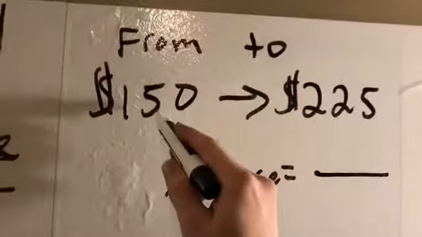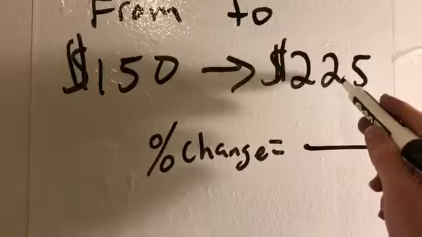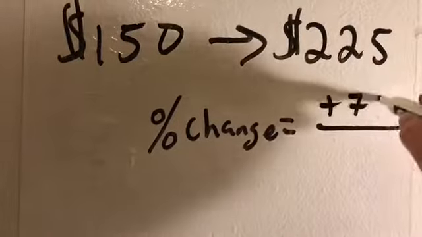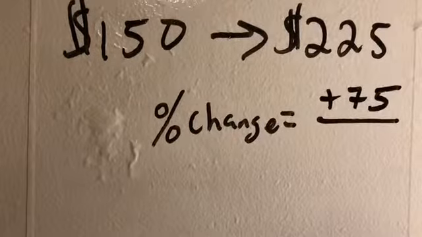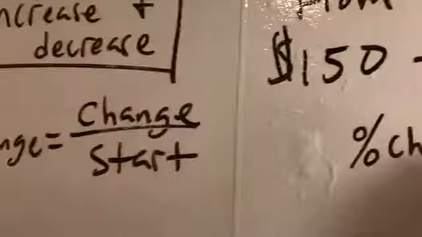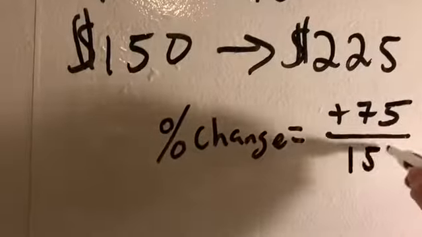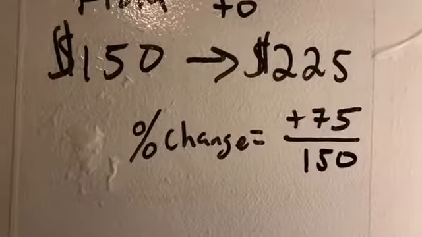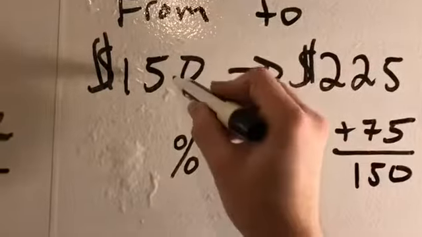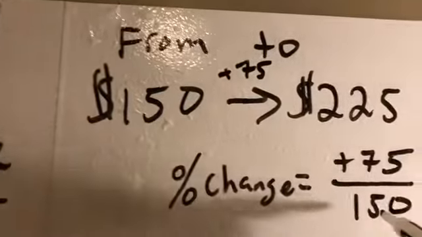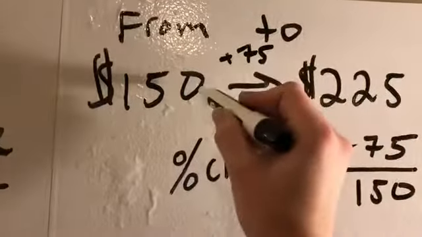So what is the change from 150 to 225? Well, it looks like we added $75, which is wonderful. Divided by, what did we start with? Well, we started with 150. So to get your percent change, we find the change, which is $75, divided by where we started.